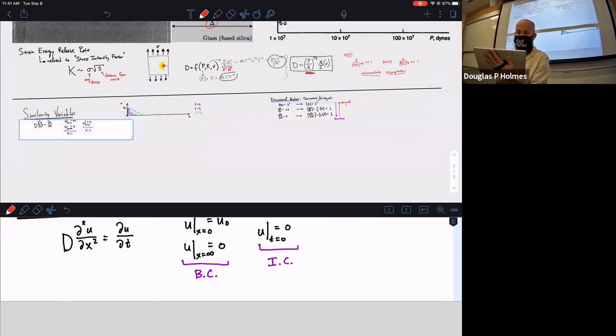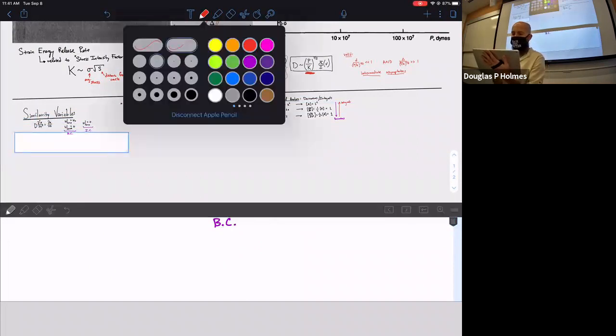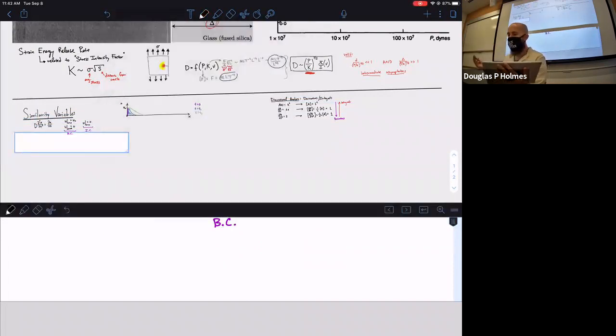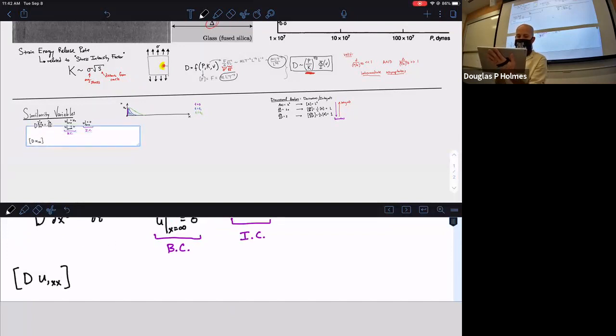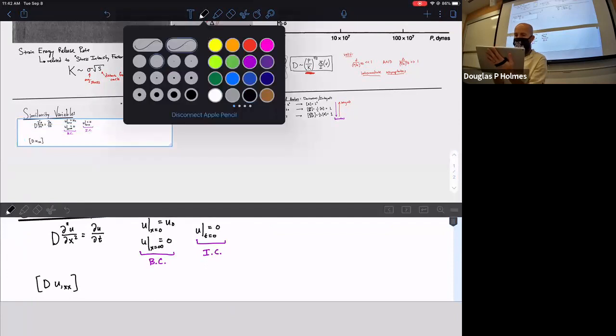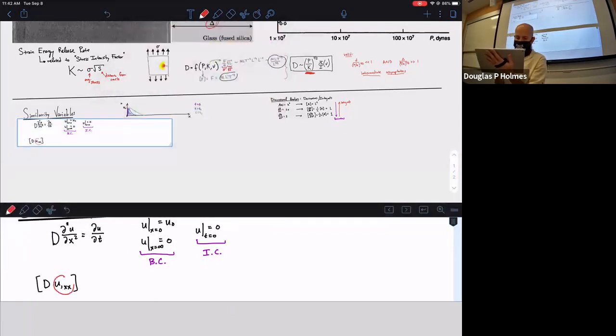So come back to what we're doing. We know dimensionally that for this equation to be valid, the dimensions of D times U comma XX, where I'm using this notation, the comma denotes partial derivative, and the letters after it denote what I'm taking the partial derivative with respect to.